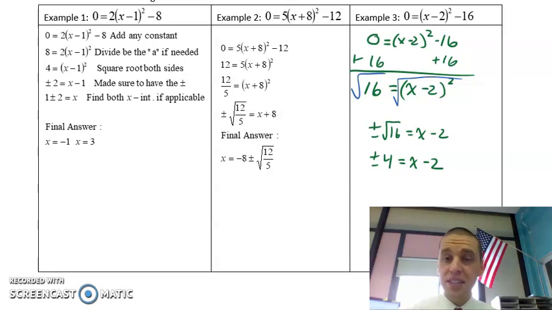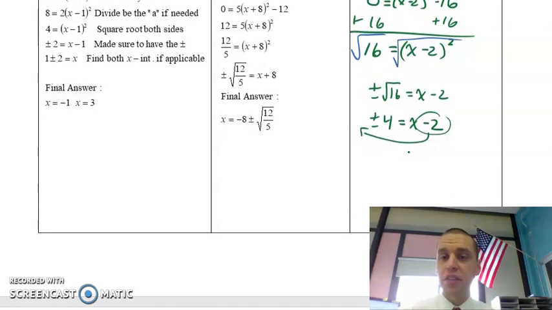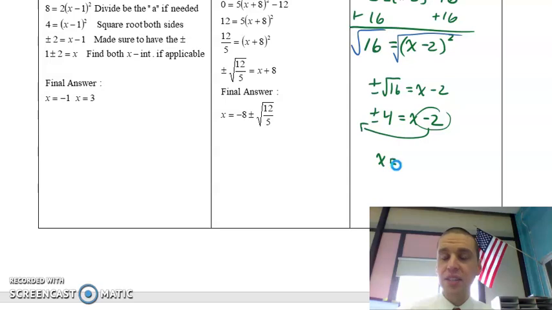One thing that I want to state before I go on is that when you have the plus or minus, the number or variable that we add over or subtract over goes in front of the plus or minus. So to write in correct mathematical notation, x equals 2, because we're adding 2 here, plus or minus 4.